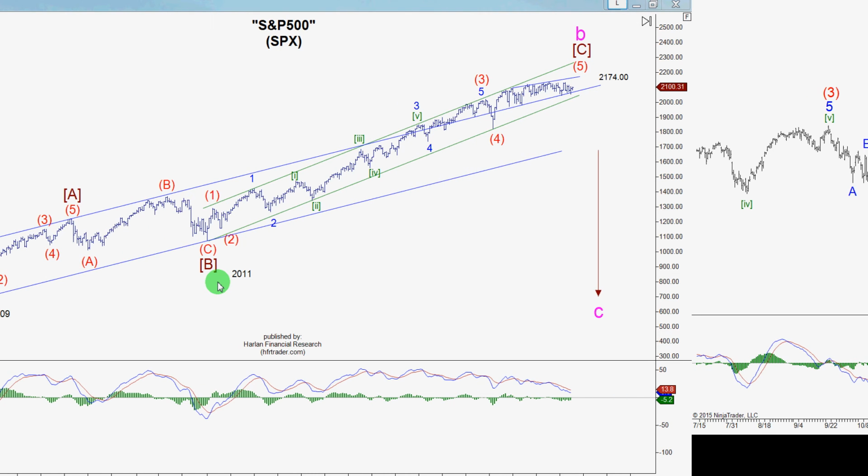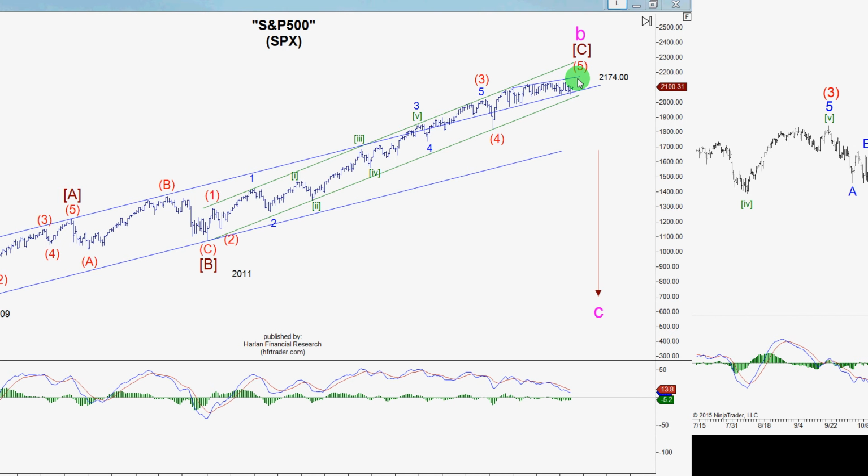So we have primary degree wave B in 2011, and then we're working through primary degree wave C. We have 5 intermediate waves, 1 and 2. Then there's 5 minor waves of intermediate 3, intermediate 4, and this is where the diagonal starts from on the long-term chart, big picture, and this is where it works through, and this is where we are now.